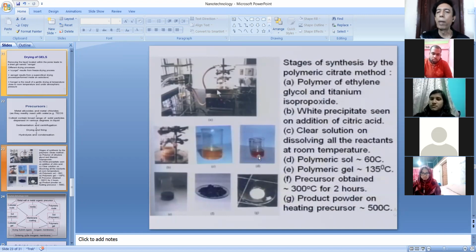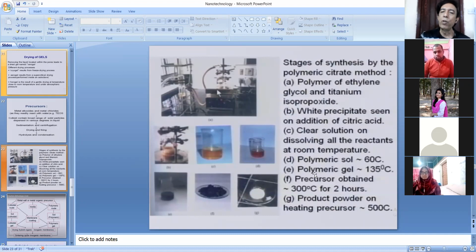Then you will get a polymeric sol. The sol is a polymer. And if you heat it at 135 degrees centigrade, the sol becomes a gel. And after that, at about 500 degrees centigrade, you will get the product.